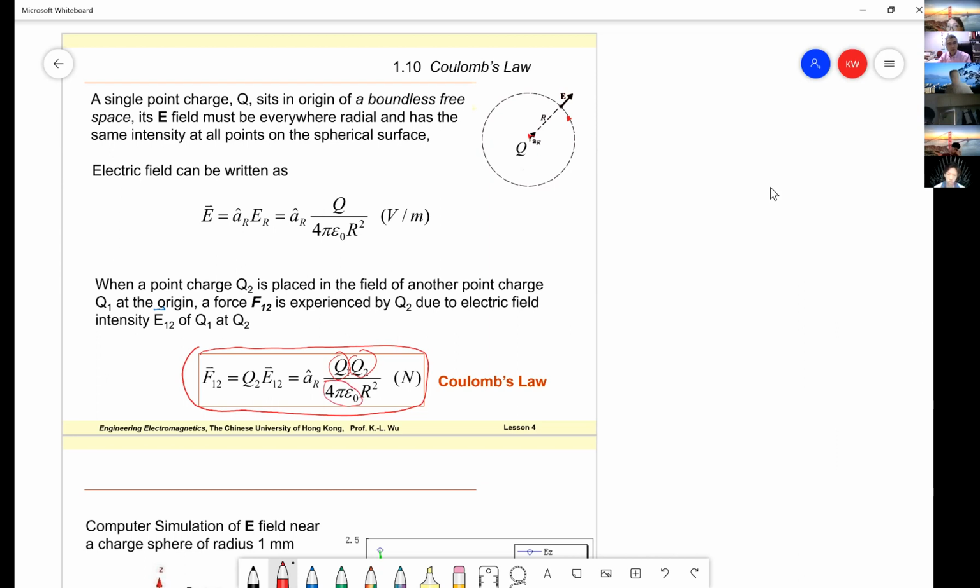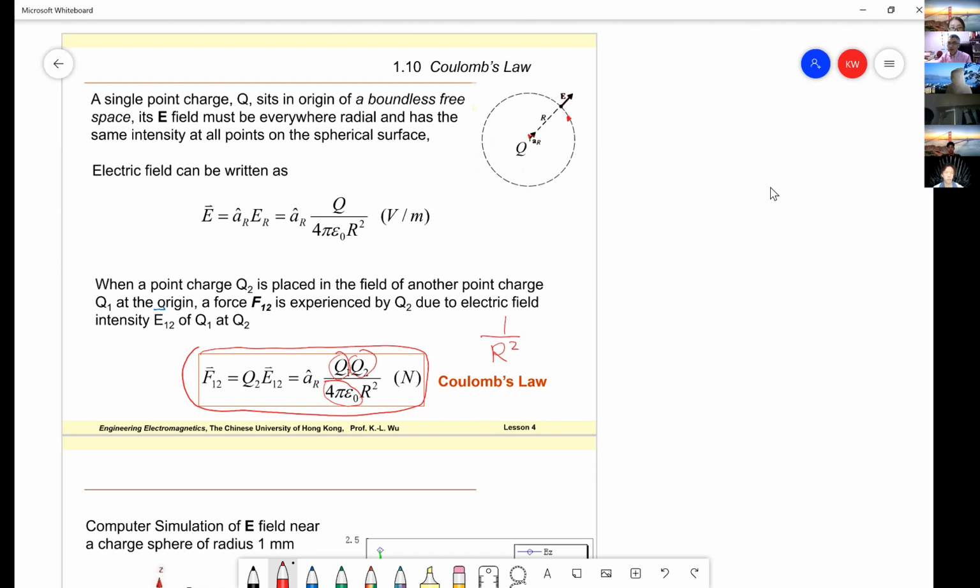But the question is, how do you know this is a function of 1 over r squared? How do you know this is 1 over r squared, right? This really is an interesting question.